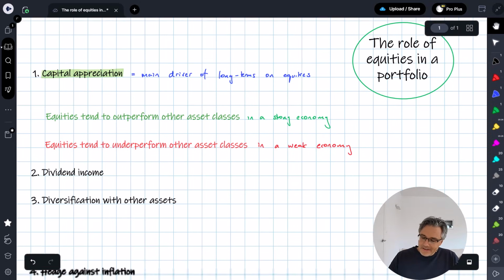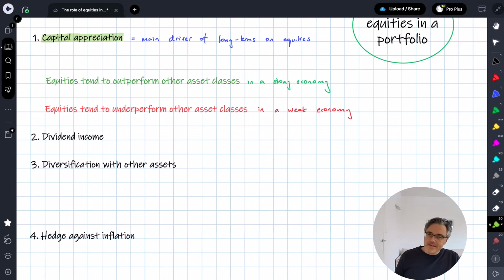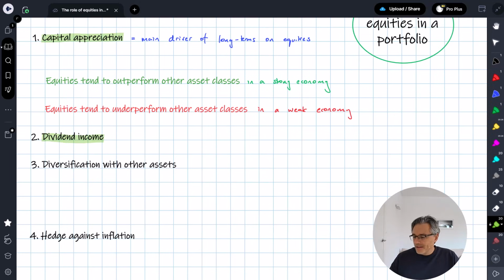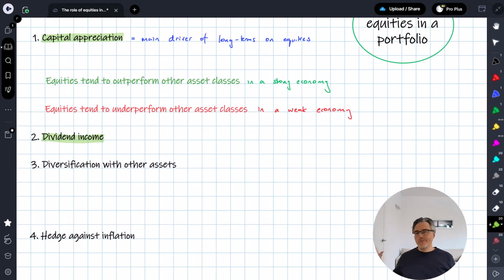The second role that your book lists for equities in a portfolio context is the fact that equities generate dividend income. I'm not really going to write anything here because you know all about dividends, dividend policies from your level 2 studies, or at least you should know, and you will not be tested on this stuff here.